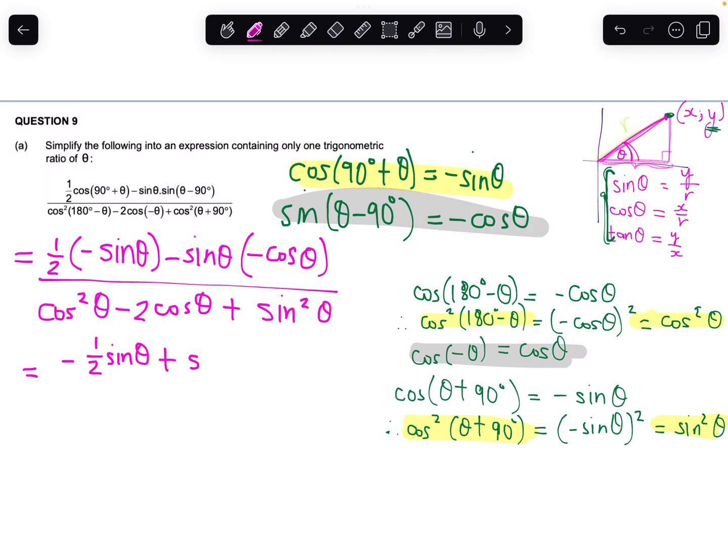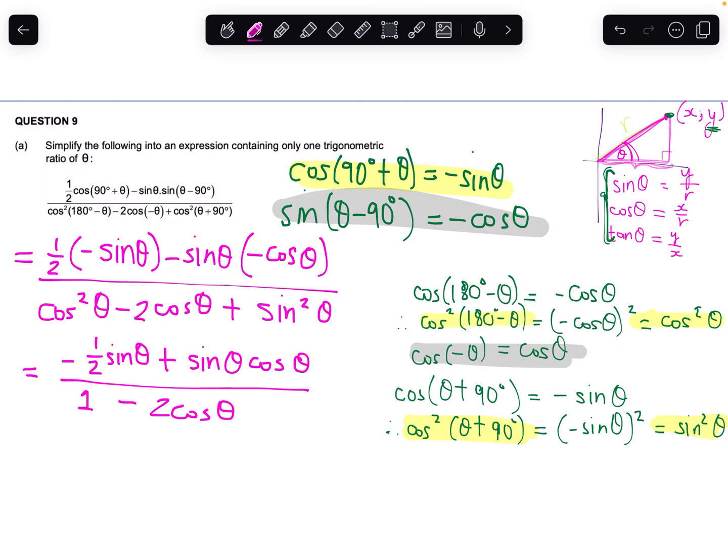plus sine theta cos theta divided by, and what stands out to me is we have cos squared theta plus sine squared theta, which is 1. So I'm just going to replace that with 1 and see if that does anything for me.